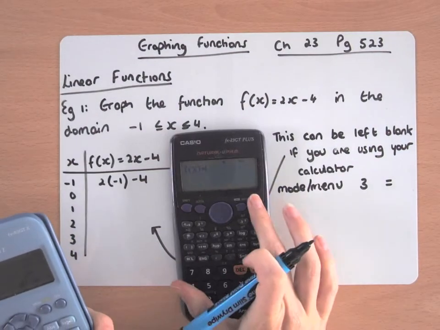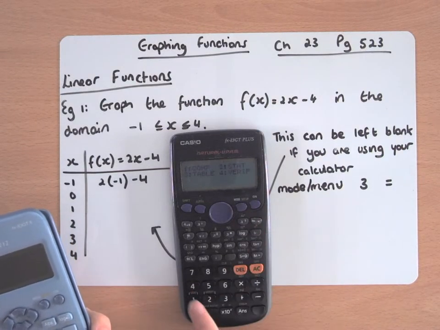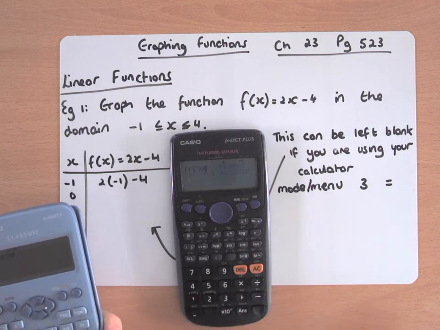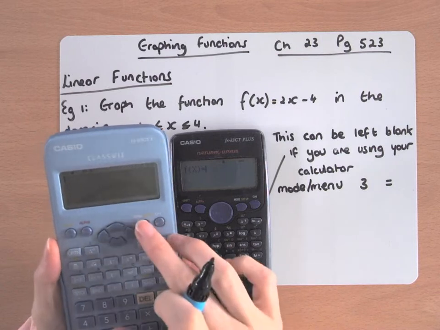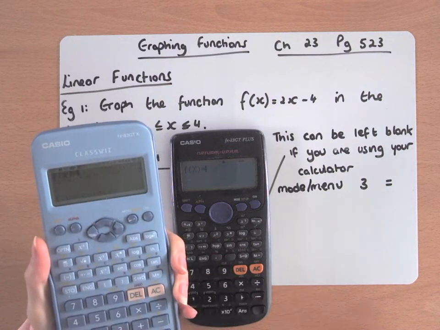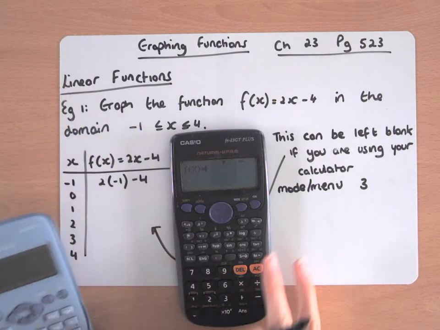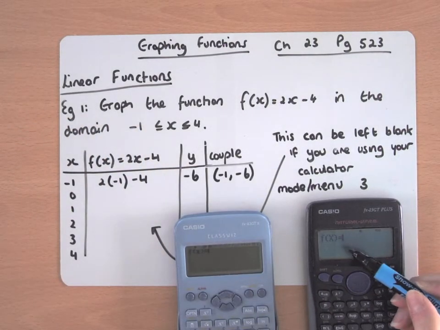Okay, now to get back to my normal calculator, I just go mode 1. So let's say I'm back here, mode 3. Okay, and menu 3. I don't even need to press the equals on either of them. Now it's asking me for my function, f of x equals.